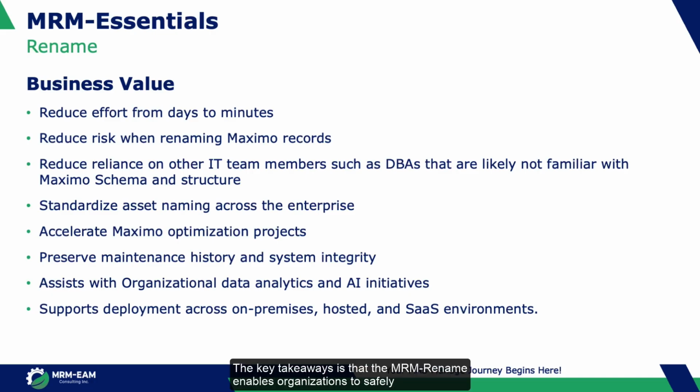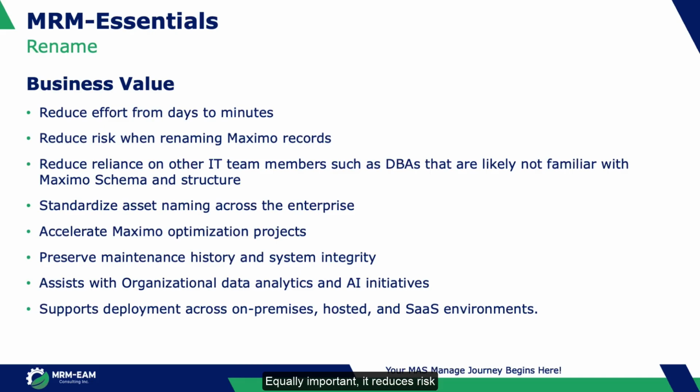The key takeaway is that MRM Rename enables organizations to safely and efficiently rename records in Maximo while reducing effort, risk, and operational complexity. Without automation, renaming records can take significant effort because those identifiers are referenced across many parts of the system, and MRM Rename streamlines that process, reducing what could take days of analysis and coordination down to just minutes.